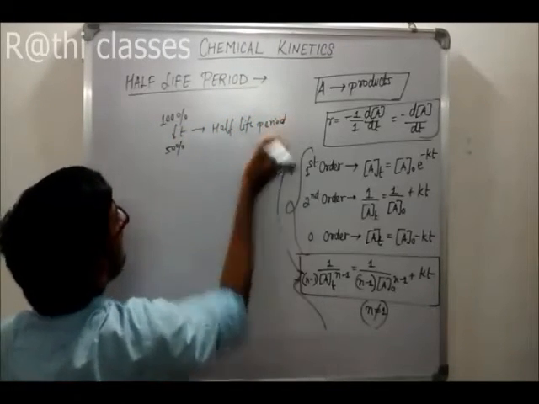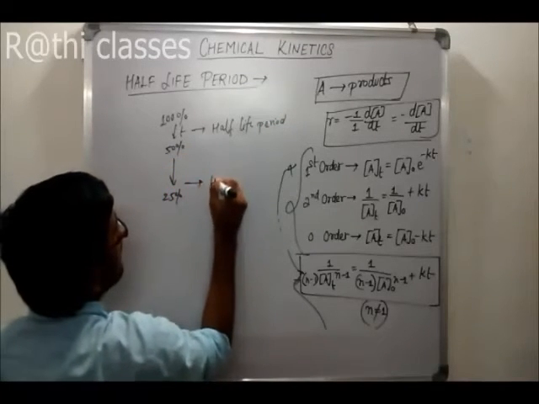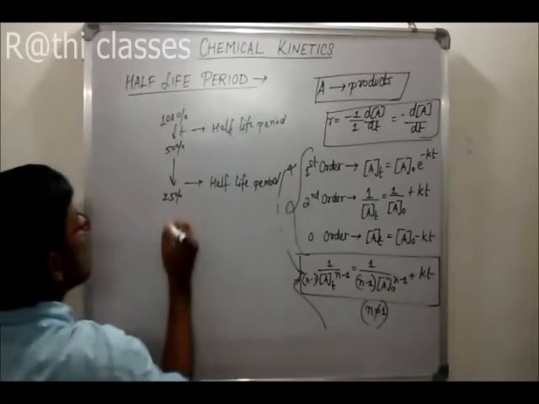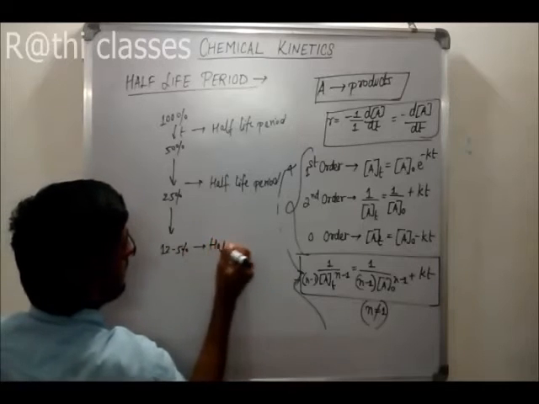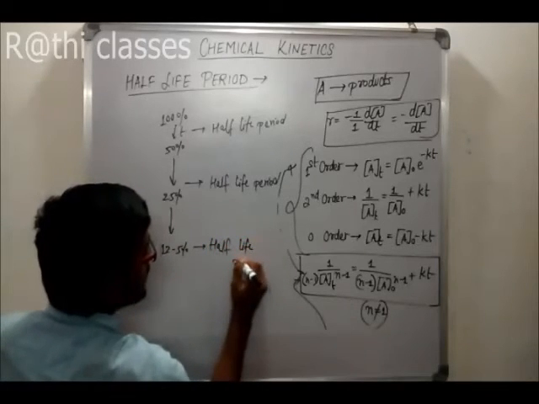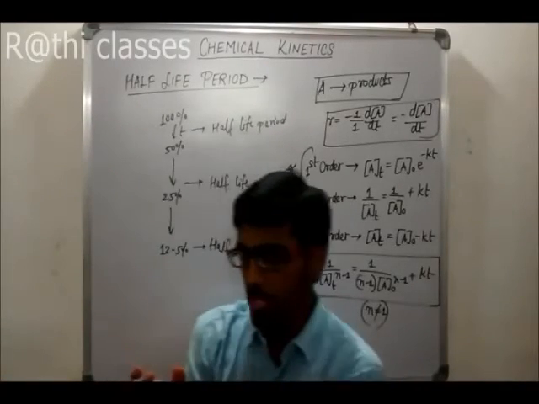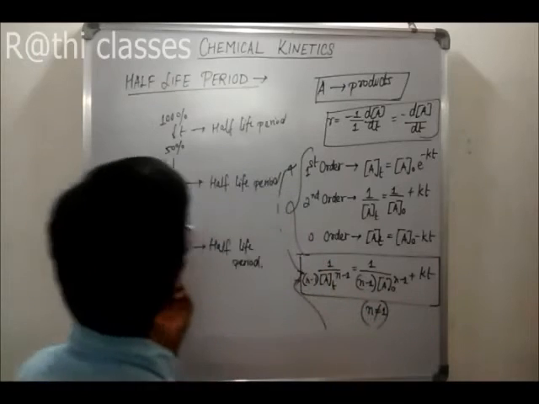Again, from 50%, the time taken to become 25% will be a half-life period. Again, from 25%, the time taken to become 12.5% will be a half-life period, right? It means the time taken to reduce the concentration of a substance to half of that value will be termed as the half-life period, right?